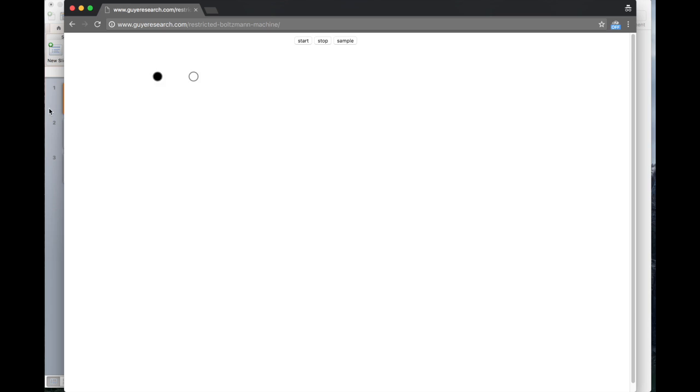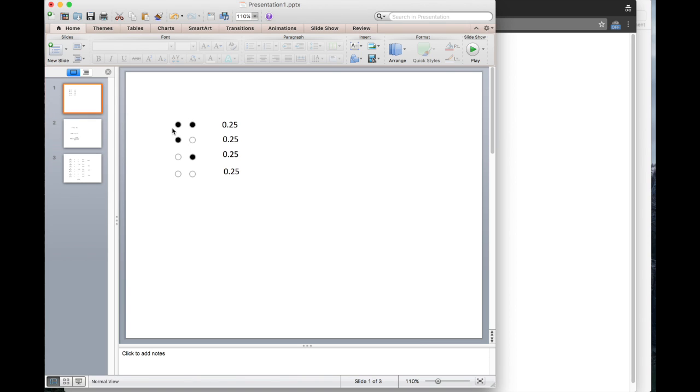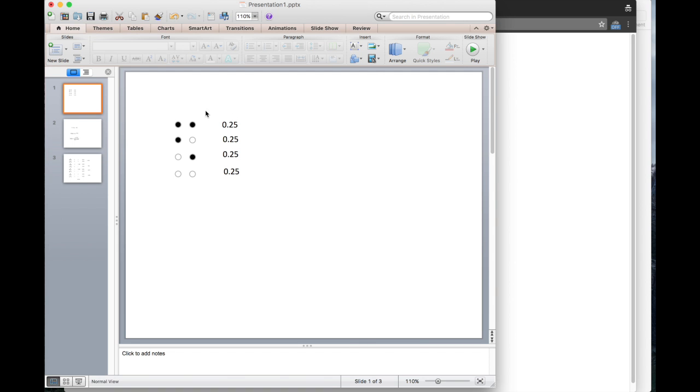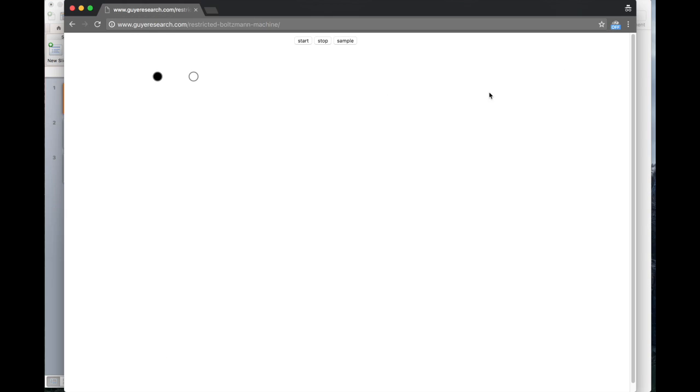So for this simple system, we will have 4 different configurations: the two neurons can be both on, both off, or one on and one off. And since these two neurons are independent of each other and have been engineered to be on and off 50% of the time, the probability of each of these 4 different configurations should be the same, 25%.